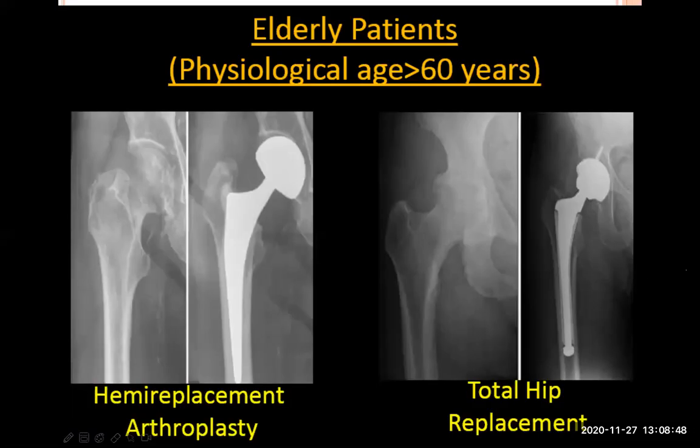Now let's see some of the x-rays. This is a hemi replacement arthroplasty, and they say this is a total replacement arthroplasty, but still we cannot see it properly.